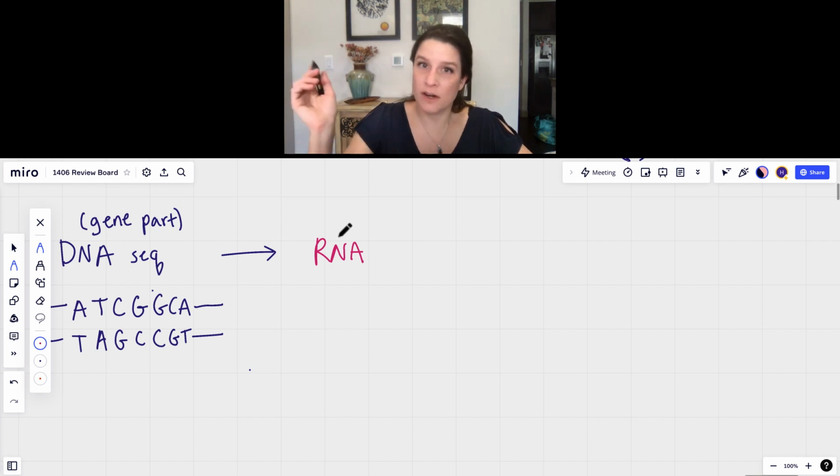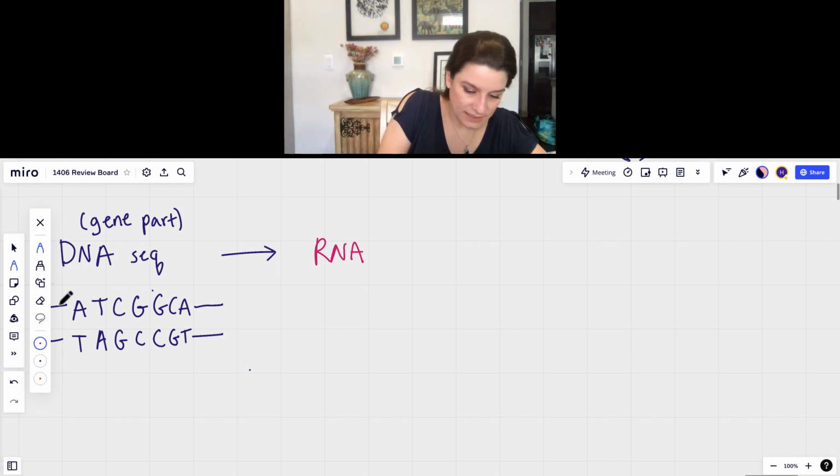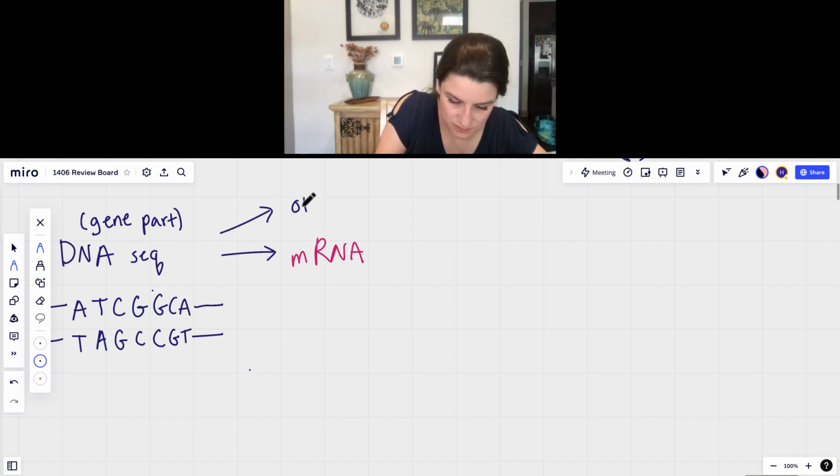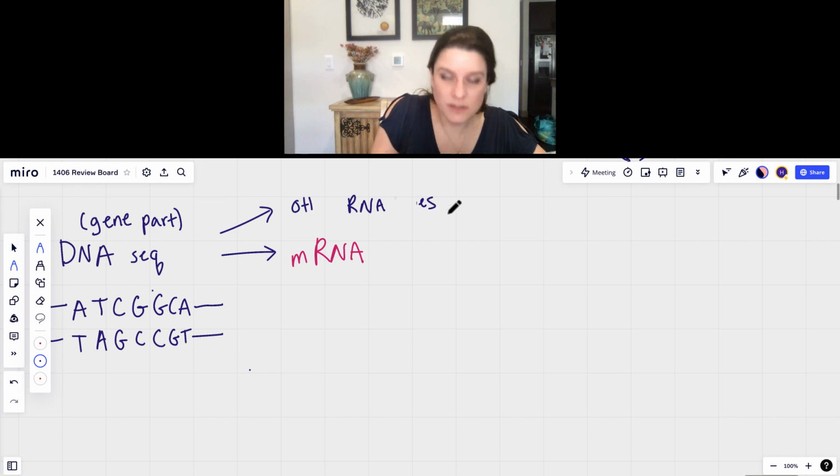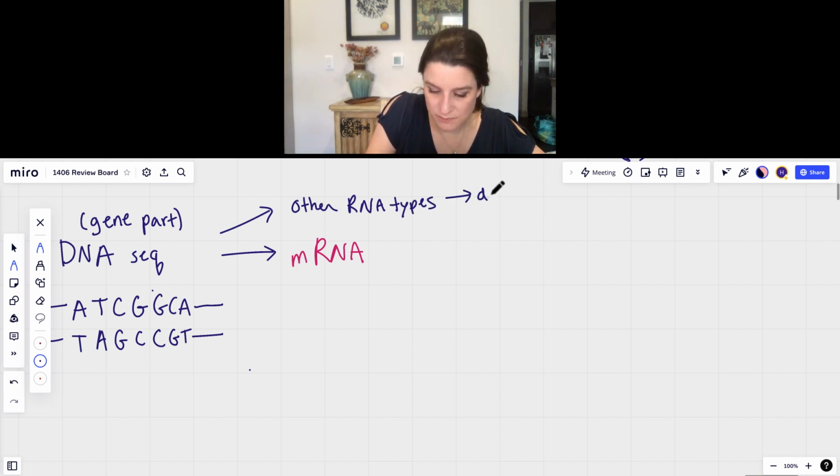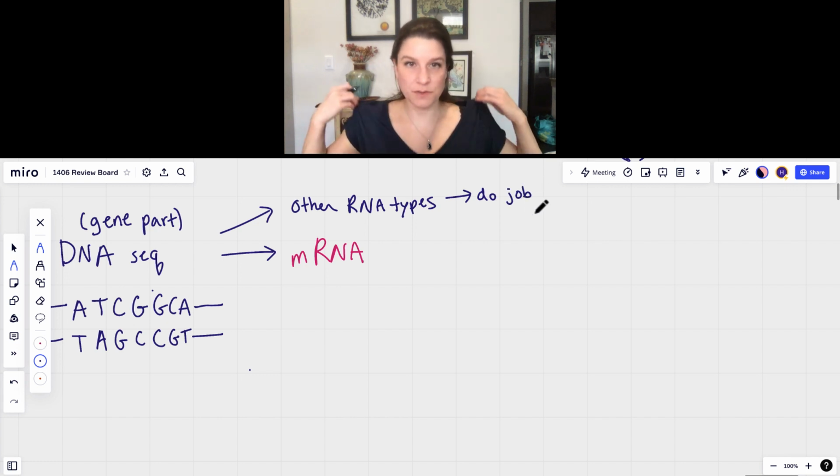If not, then the RNA just exists. So a DNA sequence gene can code for an mRNA, or let's write this here. It can also code for other RNA types, and then those RNA types just go do their job. So there's nothing after this for those.